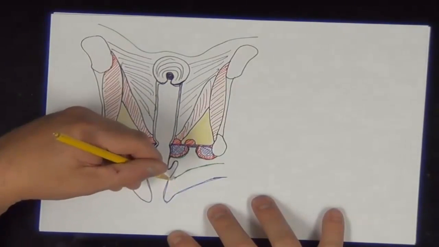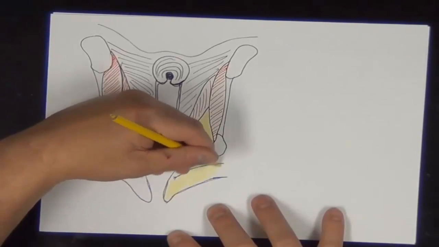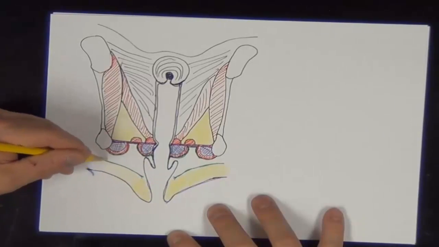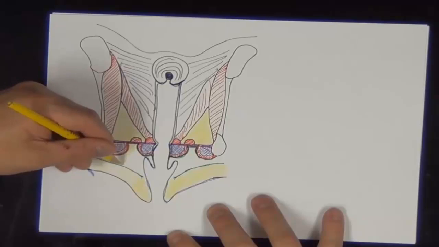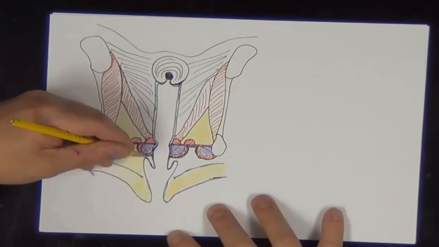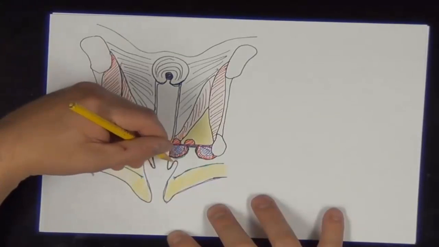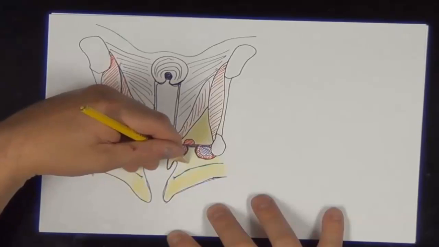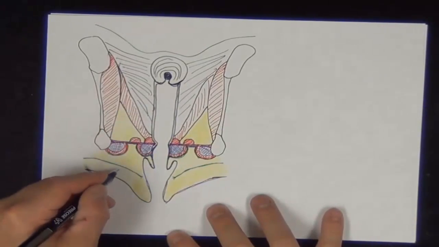And as we'd expect, we've got subcutaneous fat superficial to the membranous layer of the perineal fascia. And within the superficial perineal pouch, we have more subcutaneous fat, not quite as much of it in the labia minora. Right in there.